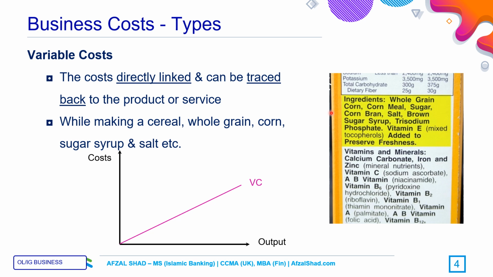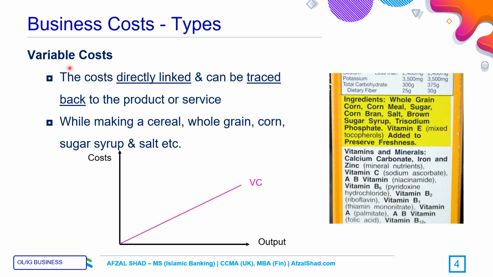That means the more you produce, the more grain corn will be used. For one pack it is 100 grams, for 10 it would be 1000 grams, for 100 it would be 10,000 grams. So the more you produce, the more ingredients would be used. So that is why we say it's a variable cost.